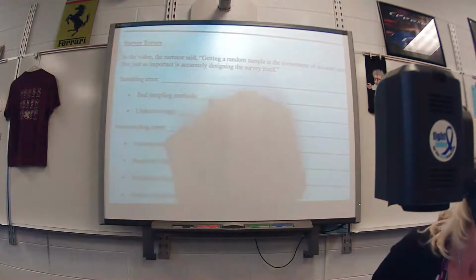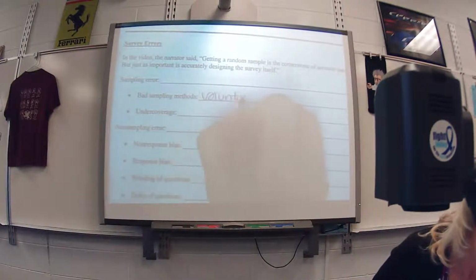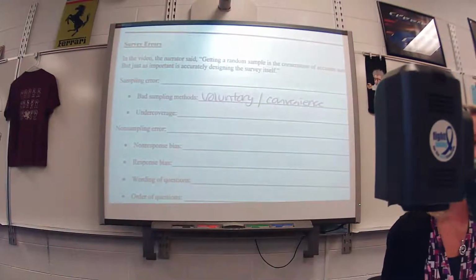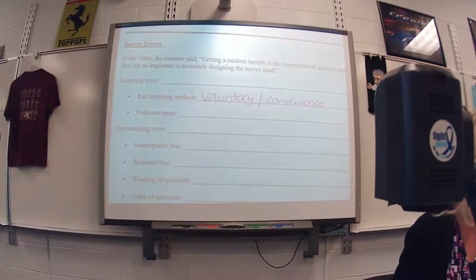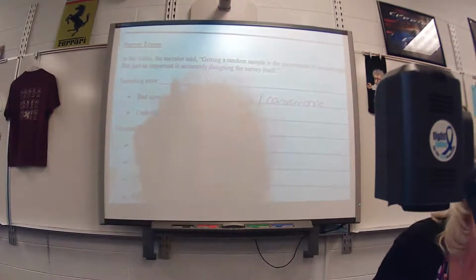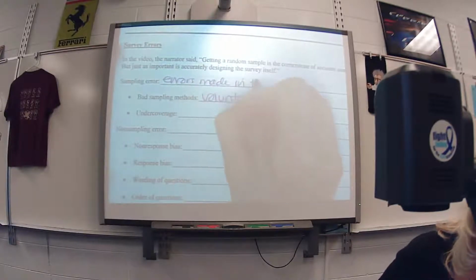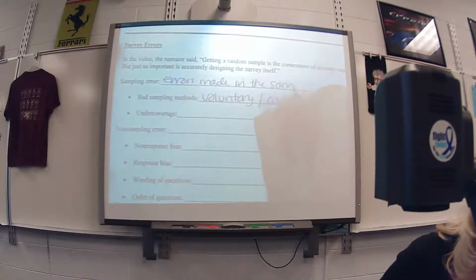Obvious, voluntary, and convenient sampling. Okay, when you do those two things, you are making sampling error. You are using a bad method. Okay, errors made in the sampling process.